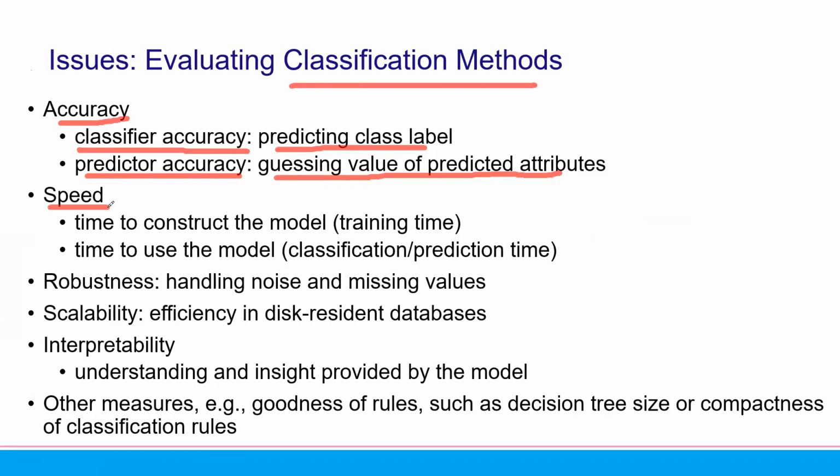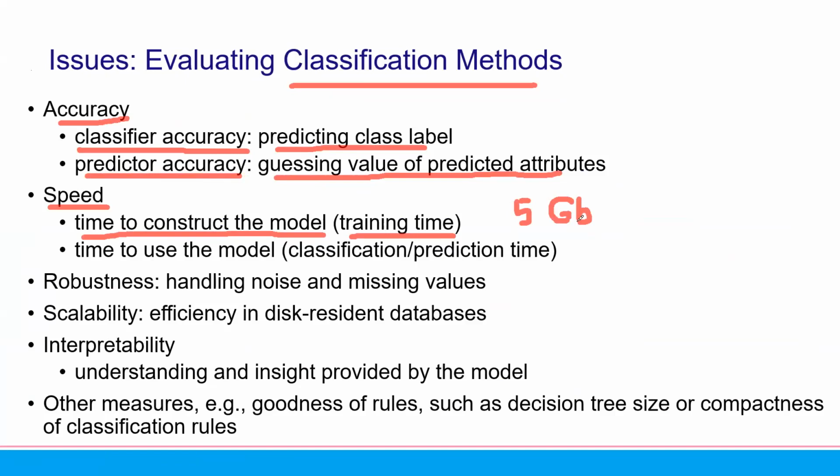Speed. It is the time to construct the model, the training time. So in my research, we have a lot of data. We handle data of up to 5 gigabytes. You know, 5 gigabytes is a very huge file. And the computer runs to train the data for almost 3 days.